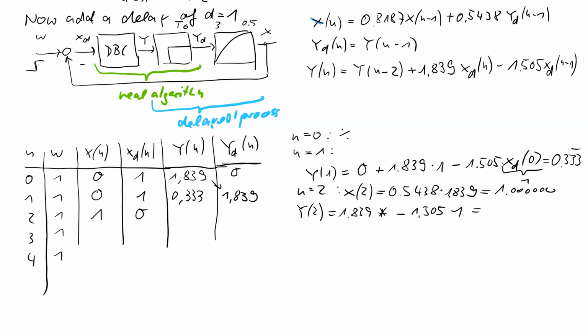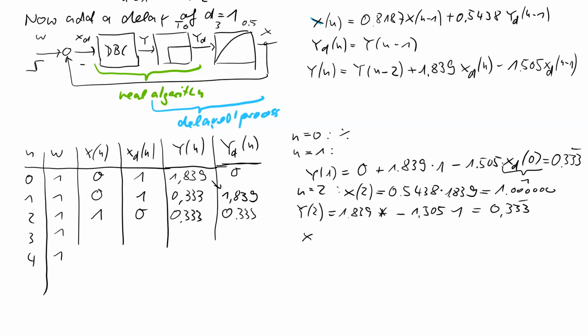And you can also again believe me, this is our 1 divided by 3 value for my output. So this stays at 0.333, and we can now calculate the same.